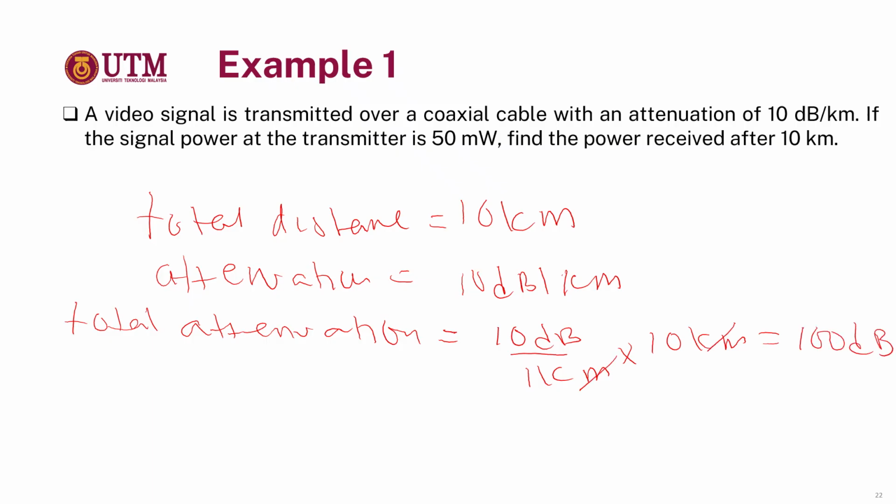And after that, the signal power at the transmitter is given as 50 milliwatts. Find the power received after 10 kilometer of distance. So x, we don't know, this is what we're going to find.